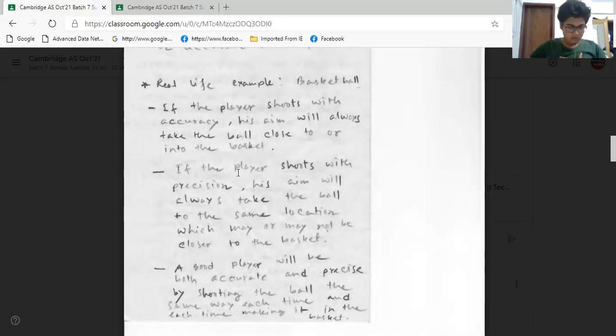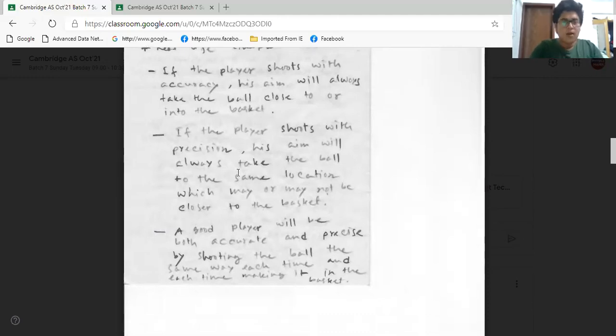Is it clear? Okay. Now the third one is saying a good player will be both accurate and precise by shooting the ball the same way each time, and each time making it in the basket.